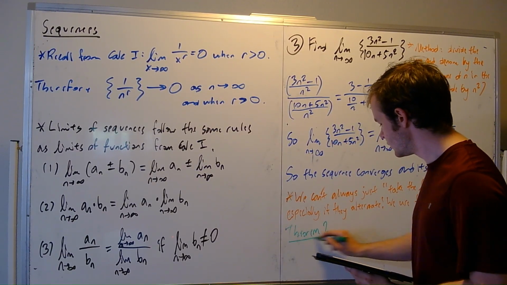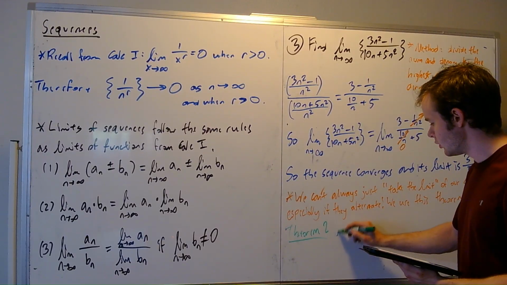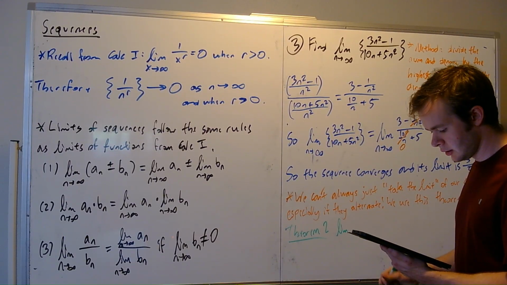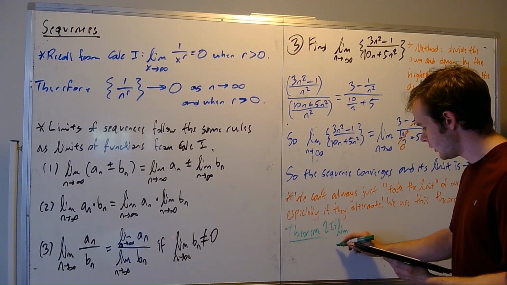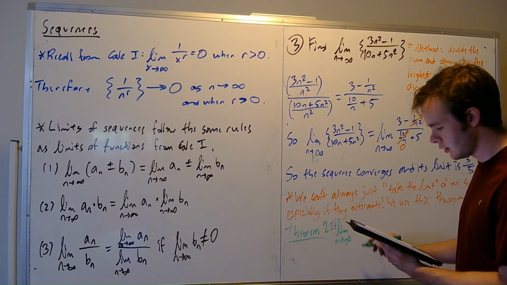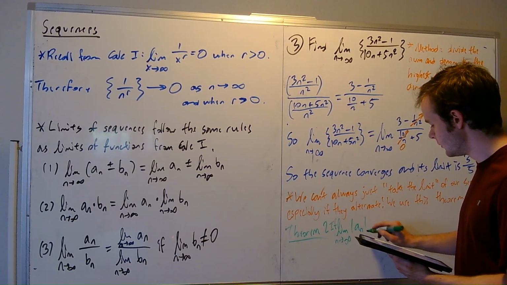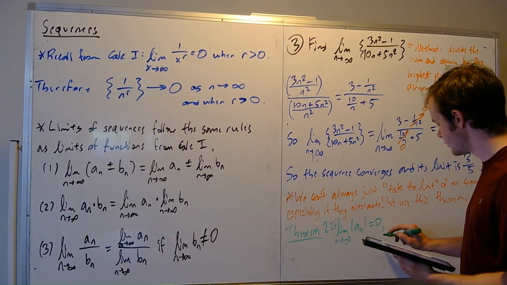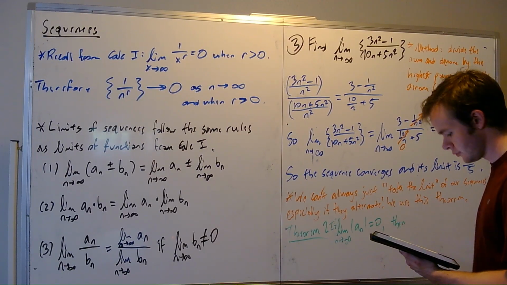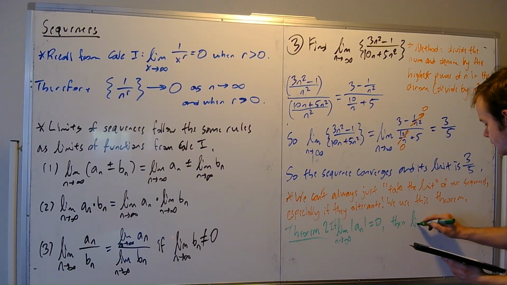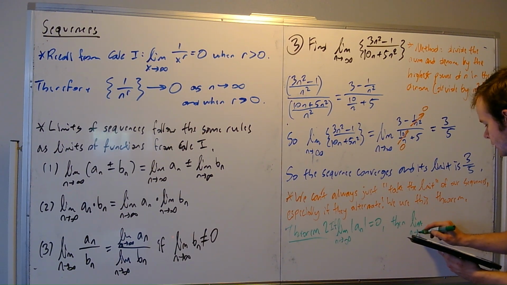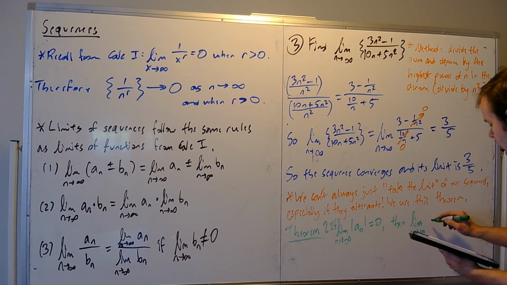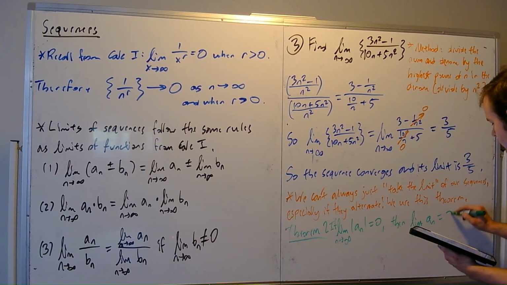Number 2 is going to say, if the limit as n goes to infinity of the absolute value of a_n is equal to 0, then the limit as n goes to infinity of a_n equals 0.